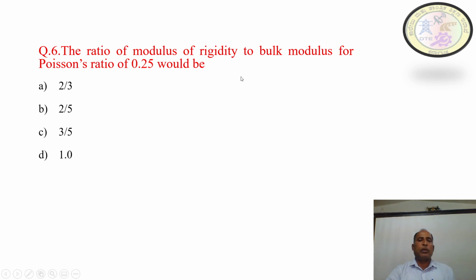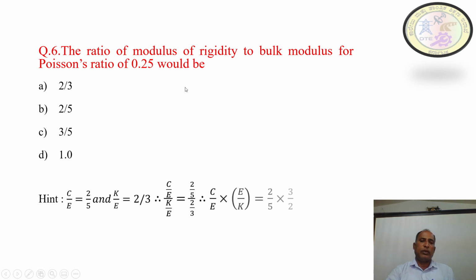In the fourth problem you calculated C by E, and in the fifth problem you calculated K by E. So here, you know that C by E is 2 by 5. So calculate C by E and K by E, and then divide C by E with K by E.